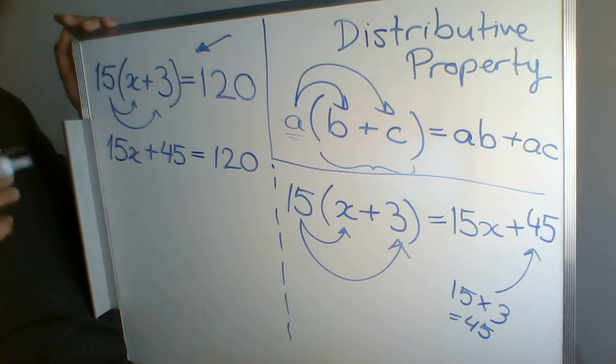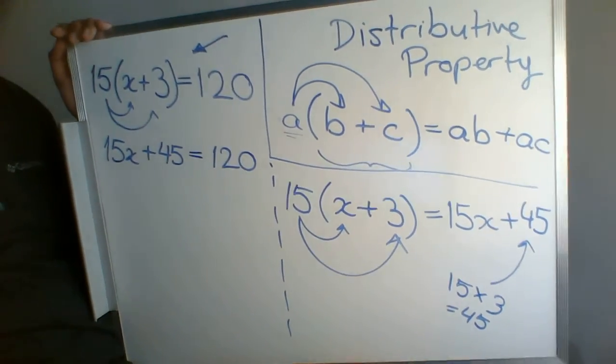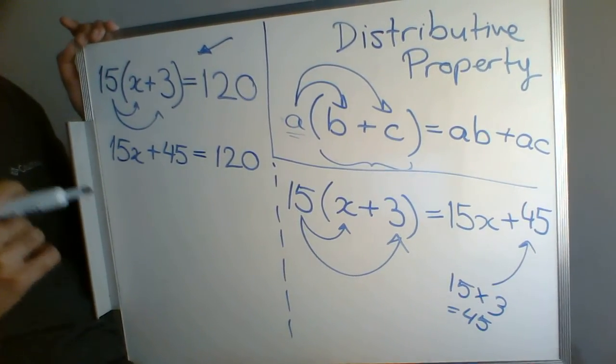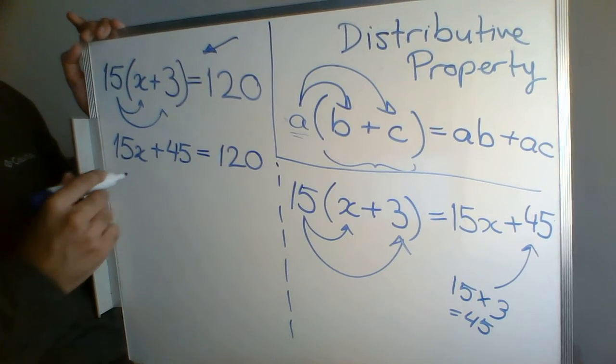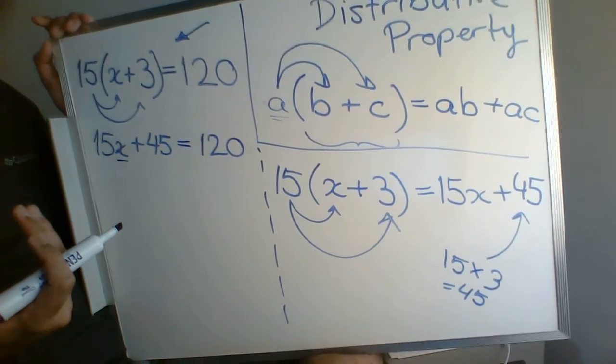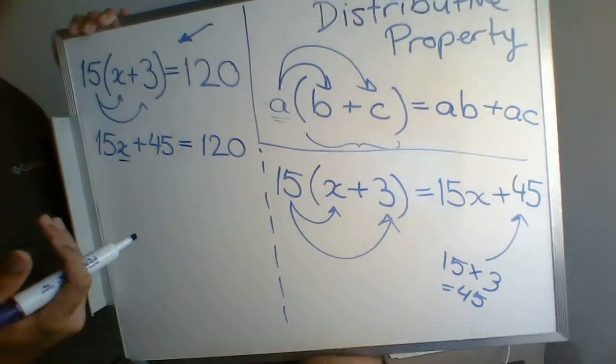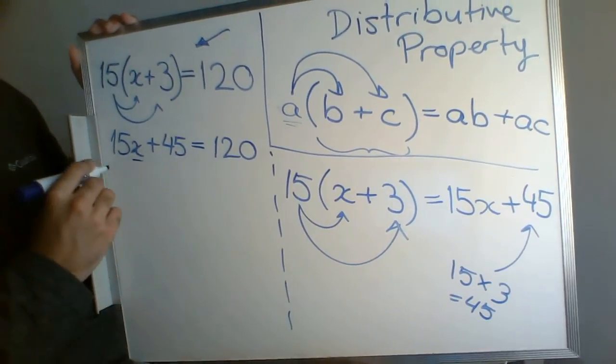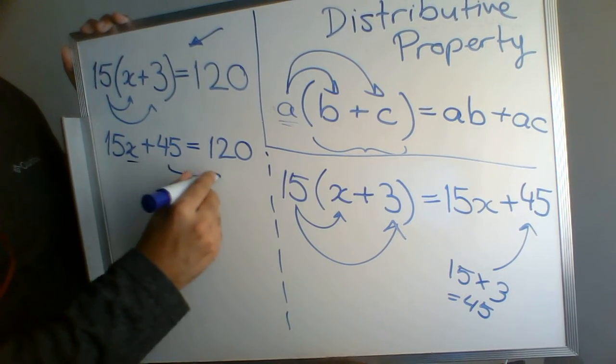So now we're getting closer to the answer. Now it's set up like the problems that we've been doing so far, so it's not that big of a deal. We've got one x over here that we need to solve for, and we want all the things with variables on one side of the equal sign, and all the things without variables on the other side. So I'm going to take this 45 and subtract it.